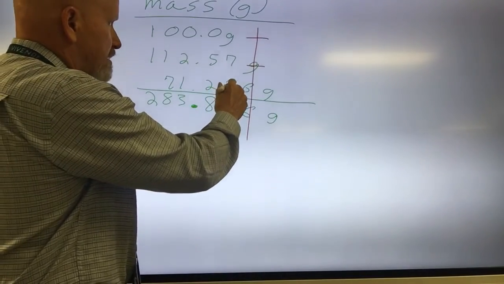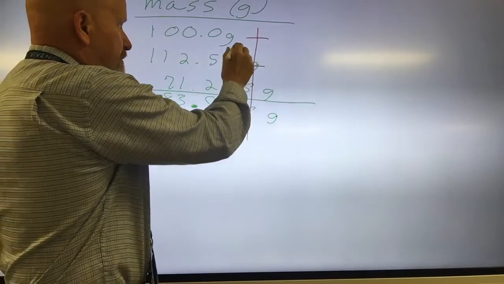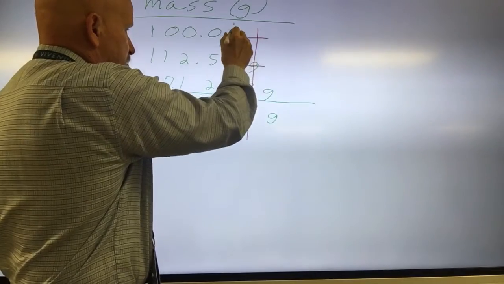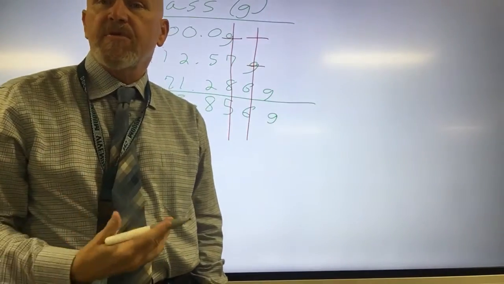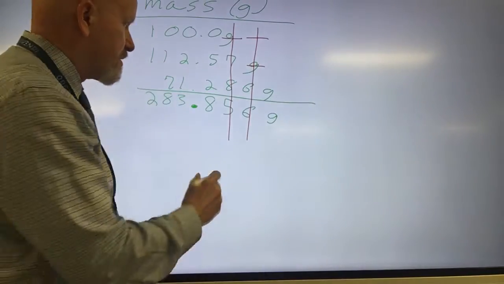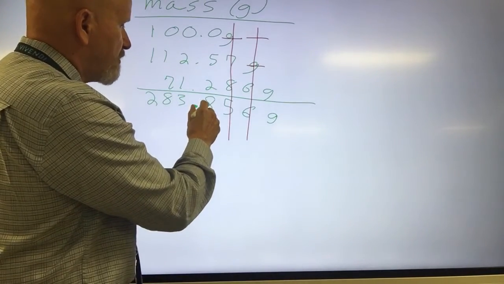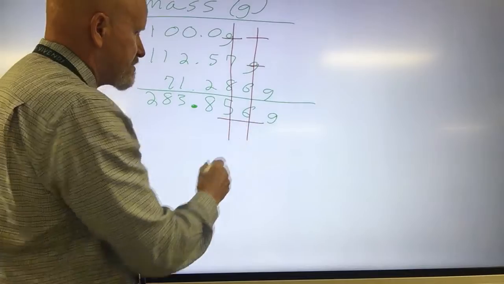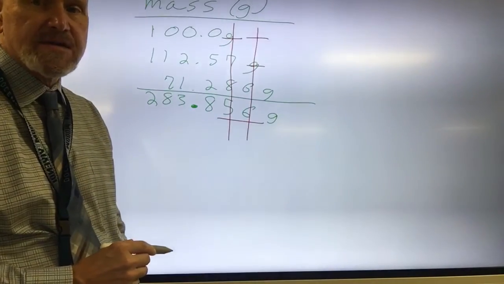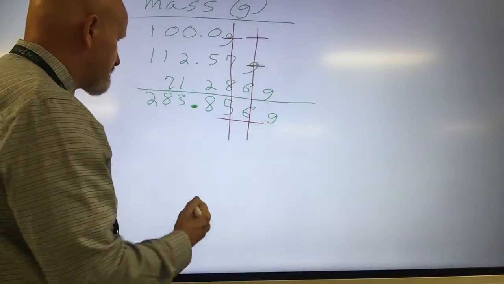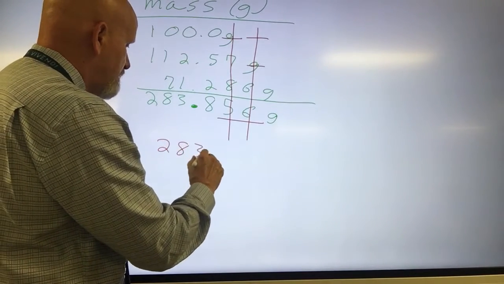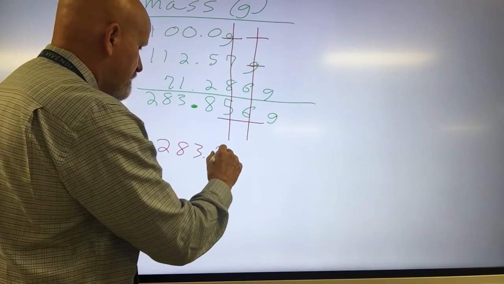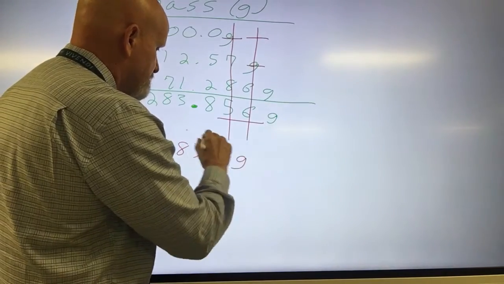This one right here, we know that number, but we don't know what that number is, so we can't say with confidence we know what that one is. What's the number that we can use with some confidence? Well, it's the one out here in the tens place. We feel pretty good about that 8. These numbers right here, we can just use to round up or down. That helps us a little tiny bit. And so we'll say it's 283.9 grams.